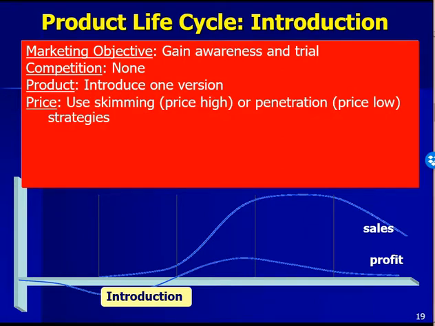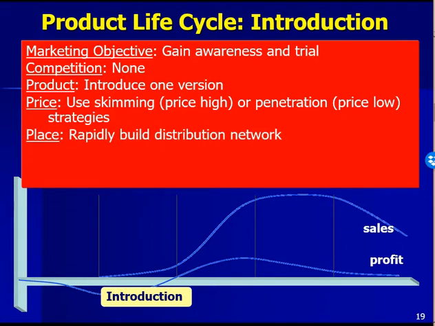In terms of price, we want to use one of two strategies, either a skimming strategy where we price our product very high because there are no competitive products, or we price it low to get people used to the product or using the product, and that's called penetration pricing.